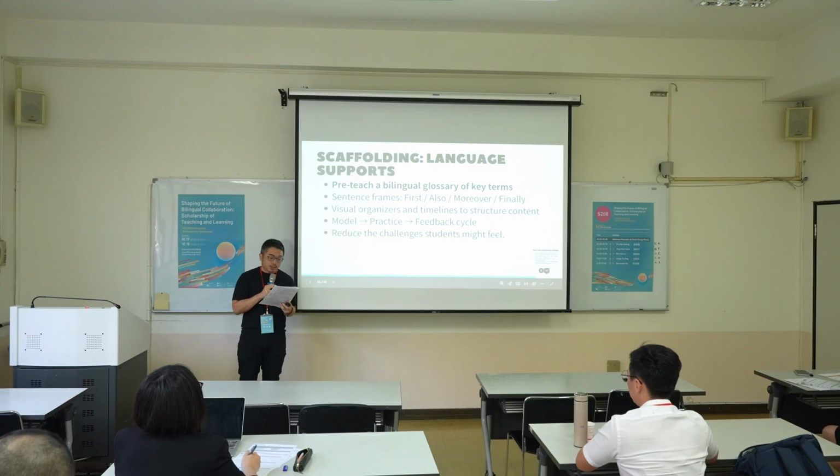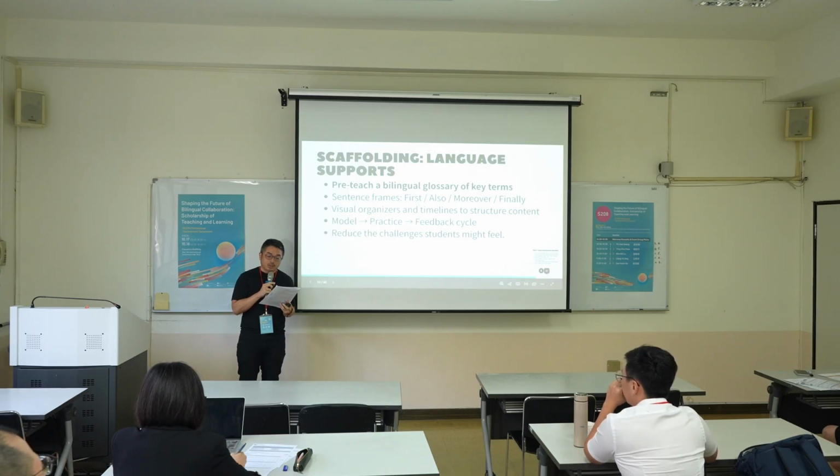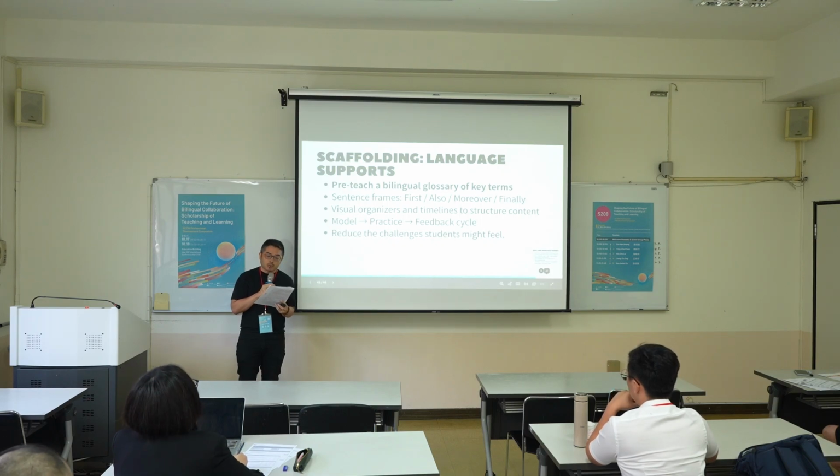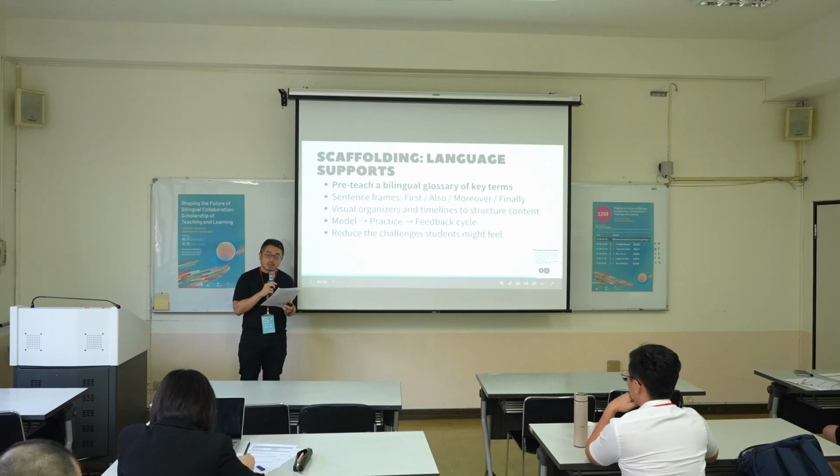I provide a high-level structure at the start of the class. I show the specific learning objectives and pre-teach the key vocabulary. I also provide the sentence structures and examples. This strategy is not about giving them the answers, but giving them the tools and the confidence to engage with complex material in English.